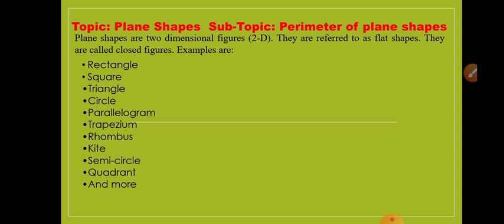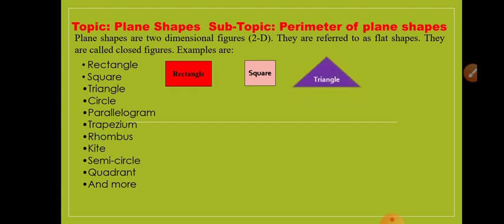Alright, let's look at the shapes of each of these plane shapes. The first one we mention is rectangle. You see the shape of rectangle. The next one is the shape of square. The next one, shape of triangle. You see, tri means three sides. The next one is circle.